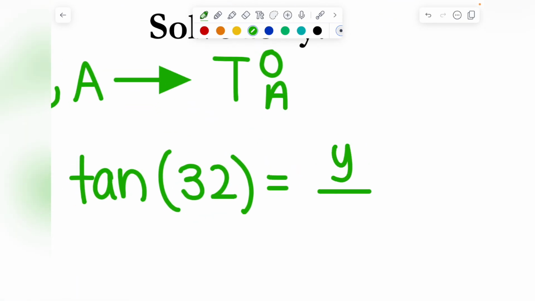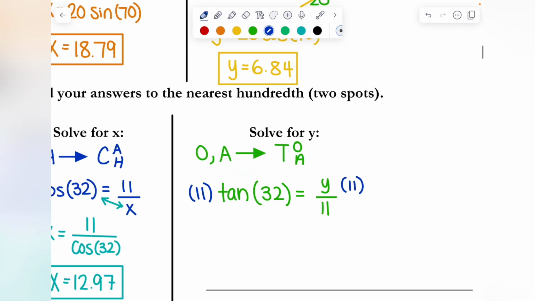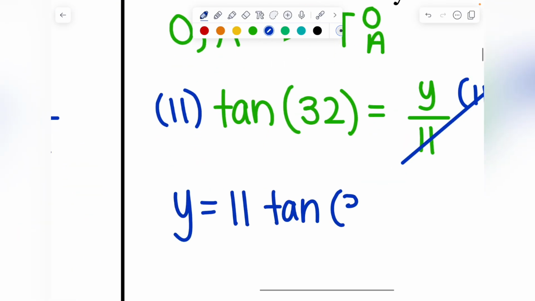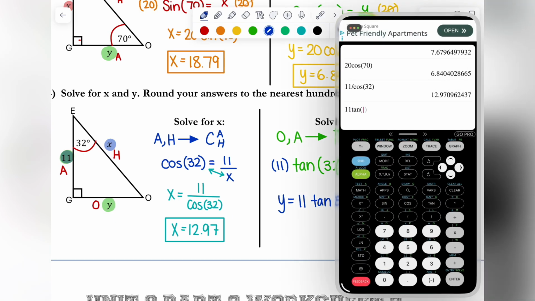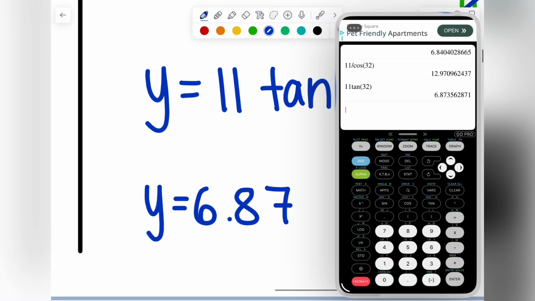This time the number is on the bottom, so I don't have to do the swap. I can just multiply that 11 to the other side. And I'm going to type in my calculator, 11 times the tangent of 32, 11 tan 32. Boom, 6.87. And that's it. That's the answer.